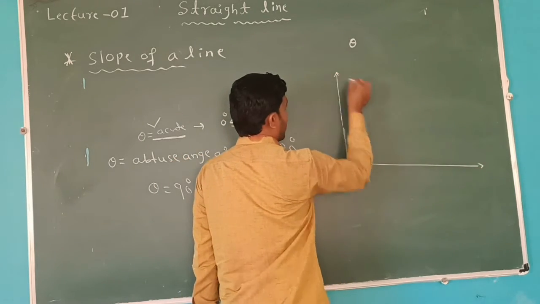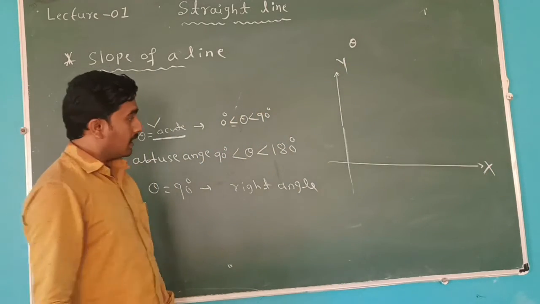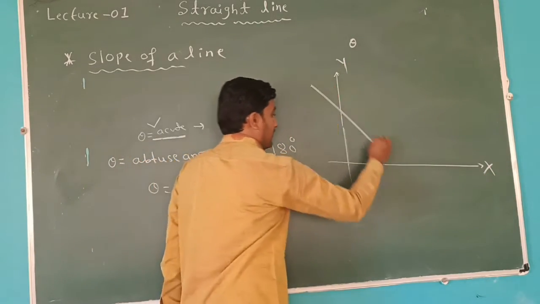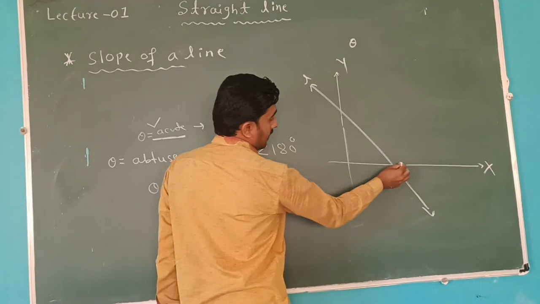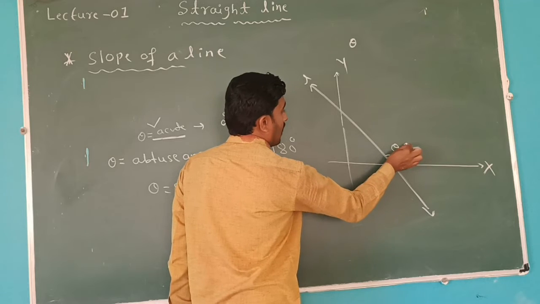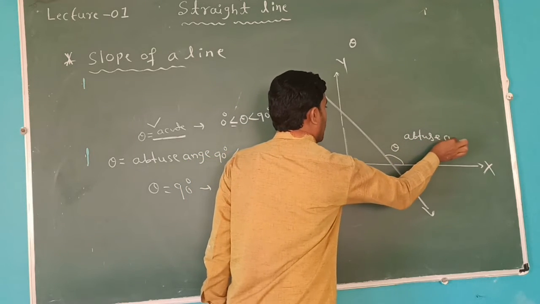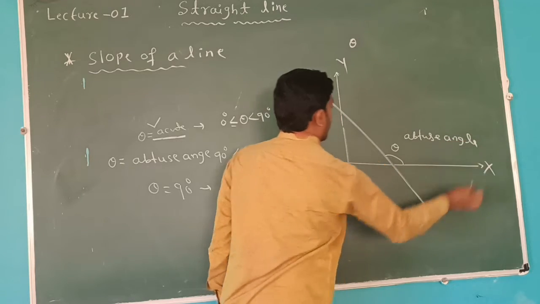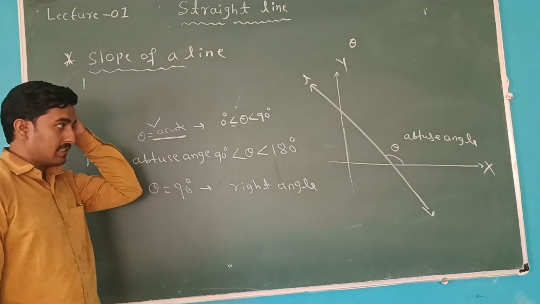So this is the x-axis and this is the y-axis. If I take a line here like this, this is the line L. Here theta is now an obtuse angle. Then how do we find the slope of this line?